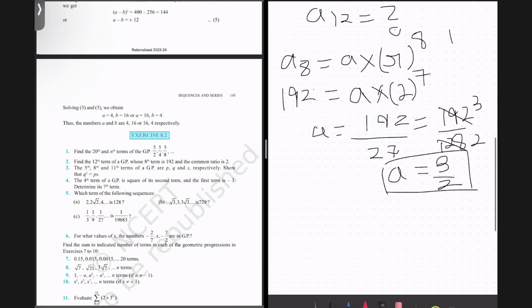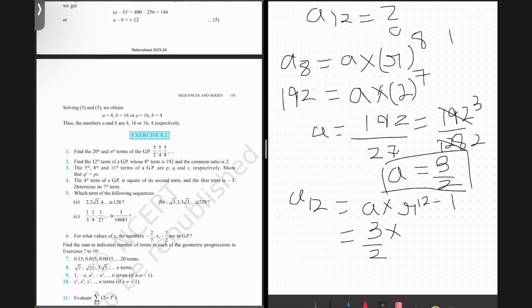So A of 12 would be A into r to the power 12 minus 1. Sorry, I had written 21; it is 12 minus 1. So I have A as 3 by 2 into r to the power 12 minus 1. R has been given to us as 2, so I'll write 2 to the power 11.